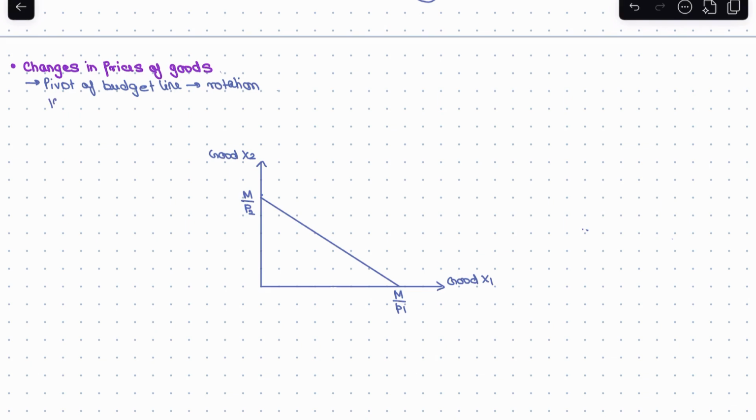For example, if P1 increases, our budget line will rotate inwards, since the consumer can buy less of good one now with the given income that he has, which is M, and that income M has remained unchanged while the price of good one has increased. Similarly, if P1 falls, the opposite will happen. Here, only the intercept of the good whose price has changed will change.